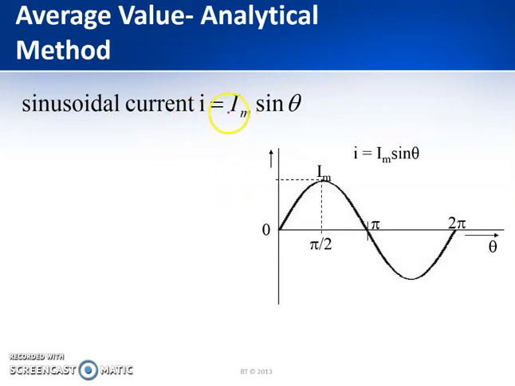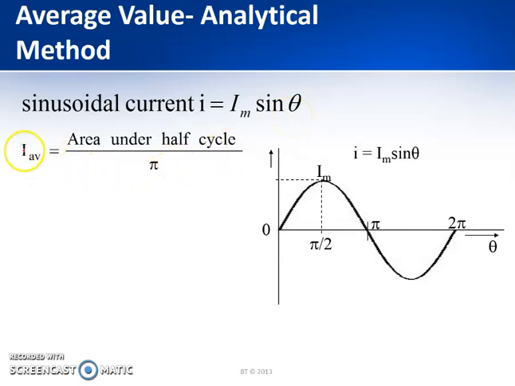For the sinusoidal current, i is equal to Im sin theta, and the average value of an alternating quantity is given by the area under the half cycle divided by the length. Here the length is pi. The area under the half cycle is nothing but the integration, integral 0 to pi of i d theta.